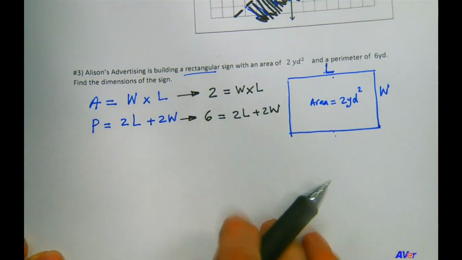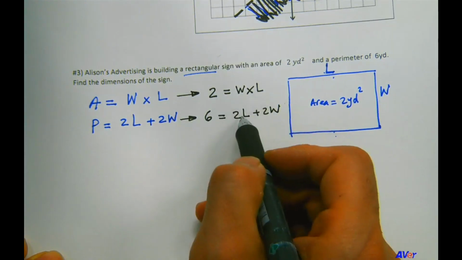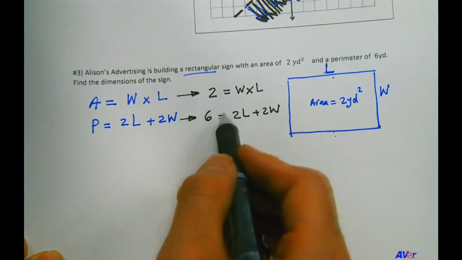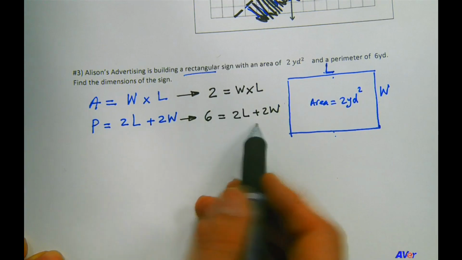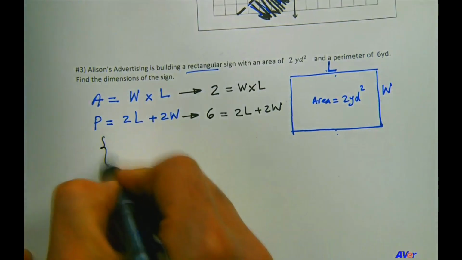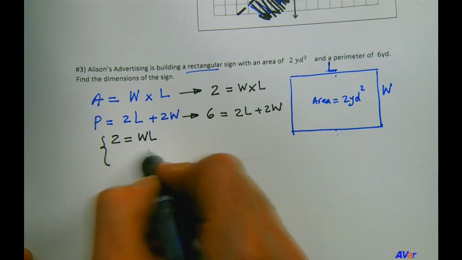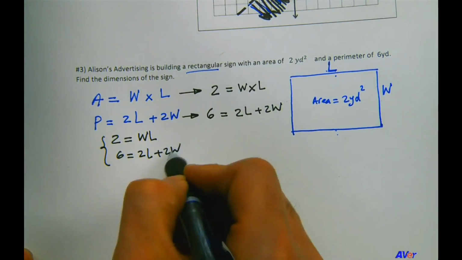Find the dimensions of the sign. Well, this is a system, right? We have a system of two equations, two unknowns. We easily can solve this, right? So this is a system of 2 equals WL and 6 equals 2L plus 2W.